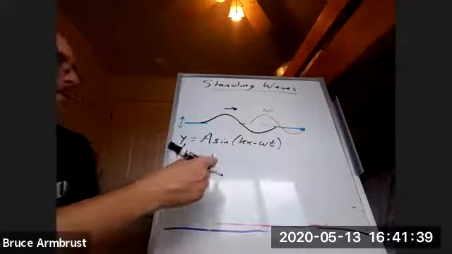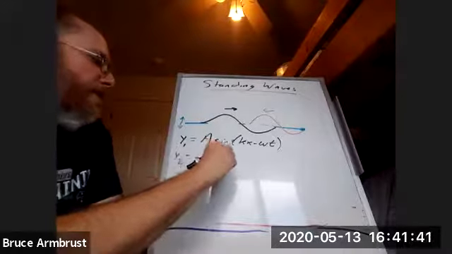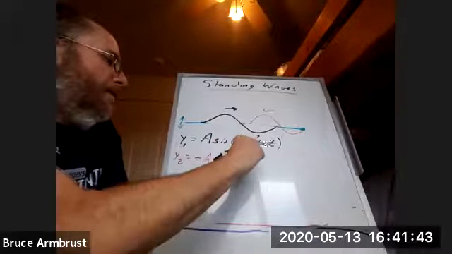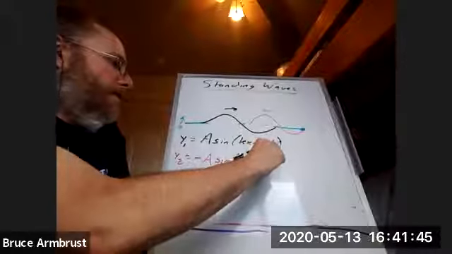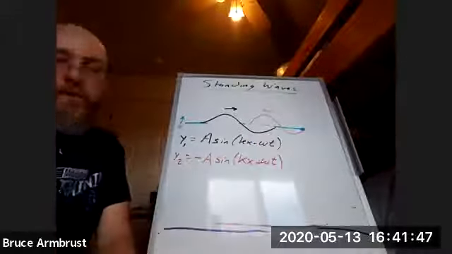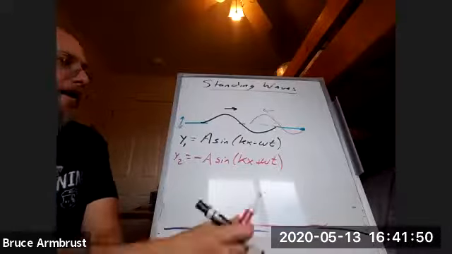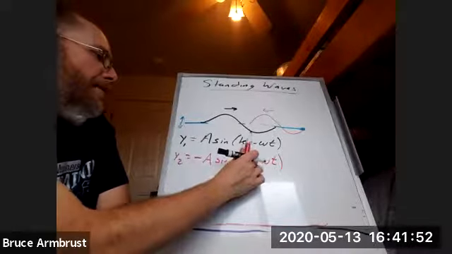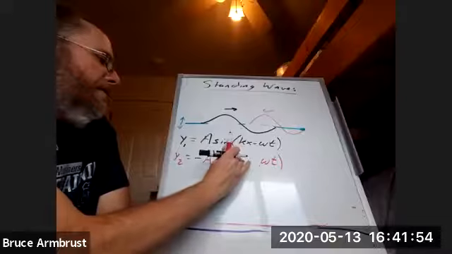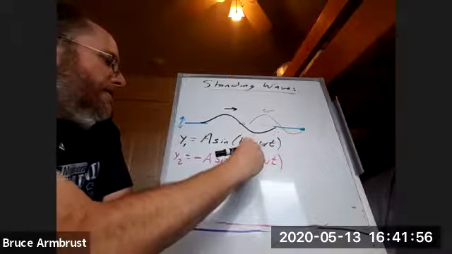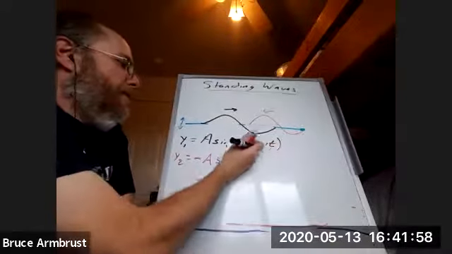Now it's traveling the opposite direction, which means we need to change the sign on the k of x. Sorry, I changed the sign on the wrong piece.